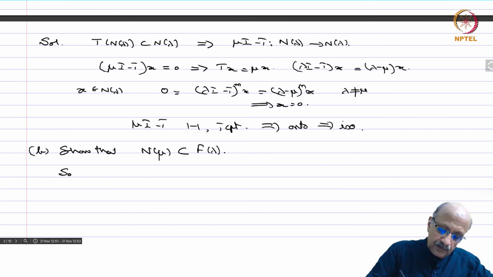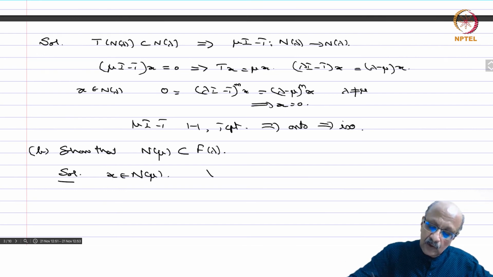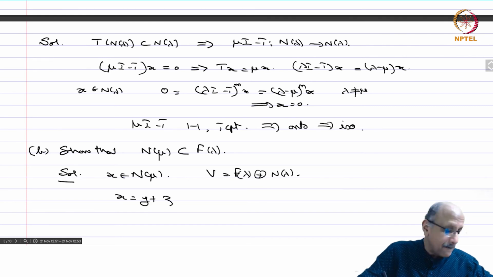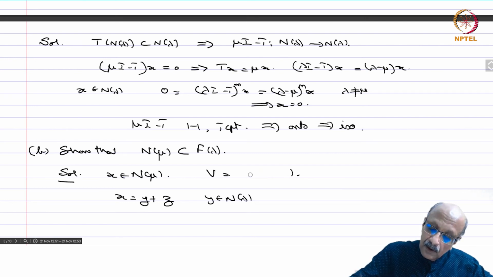So solution, let x belong to N(mu). Then we know that V is equal to F(lambda) direct sum N(lambda), and therefore x can be written as y plus z, y in N(lambda), z belongs to F(lambda).